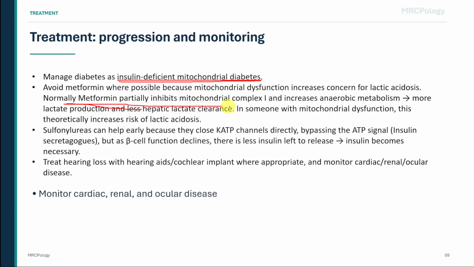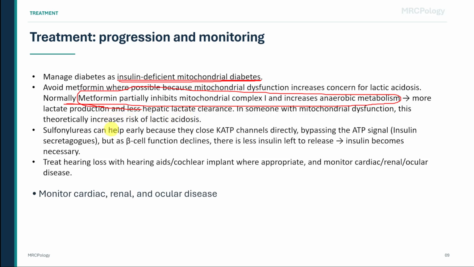This can increase reliance on anaerobic metabolism, increase lactate generation, and reduce hepatic clearance of lactate. In a patient with mitochondrial dysfunction, this creates additional concern about lactic acidosis. MRCP trap: the concern is not simply that metformin is ineffective. The concern is that its mitochondrial effects may add to an existing impairment in oxidative metabolism.